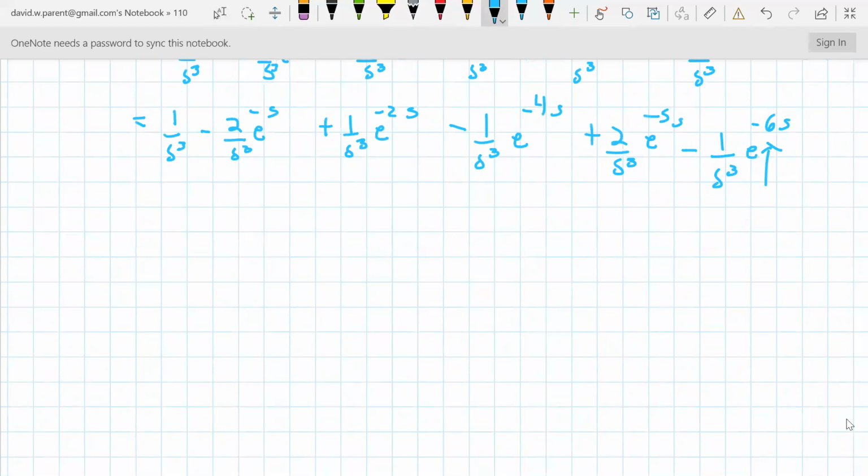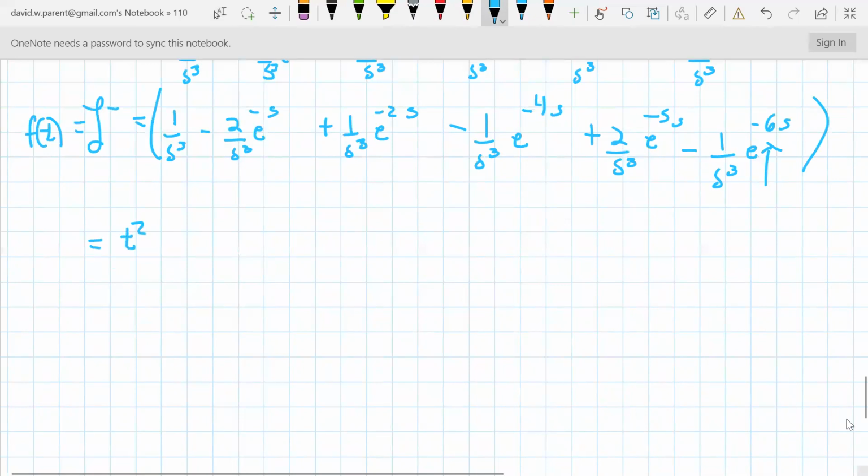Okay, I don't want to have to rewrite all of that. So f of t is going to equal the inverse Laplace transform of all of that. And this 1 over s cubed becomes t squared divided by 2, and you just look it up on the table. But remember, when we did our intuitive integration, that's what we were thinking, right?